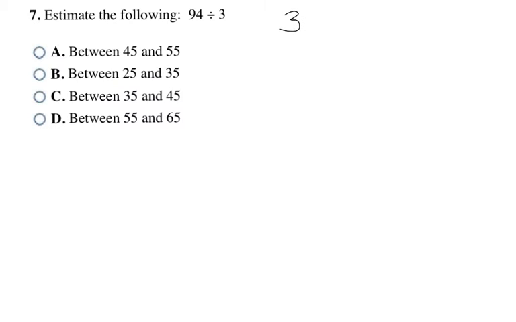So I have 3, 6, 9, 12, 15. And I'm going to want to add a 0 to those, since the 9 is in the tens column, to see if I get any numbers that are close to 94.